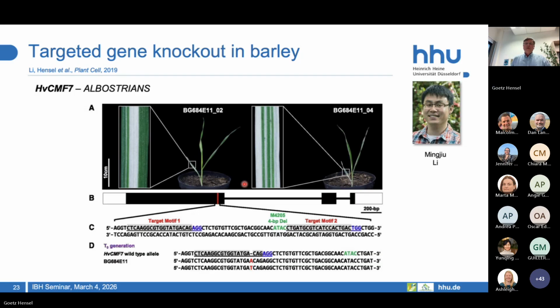I was involved in a study together with Niels Stein, and at that time Ming-Ju Li, who was a PhD student in Niels Stein's group, where they identified the gene for the famous albostrians mutant in barley, which gives this variegated or striped leaf phenotype. This turned out to be, in the natural mutant, a 4 base pair deletion. And so I thought this might be a nice target for prime editing.